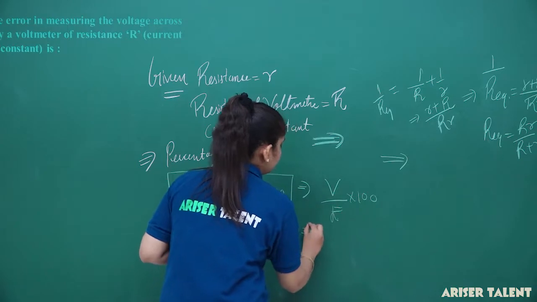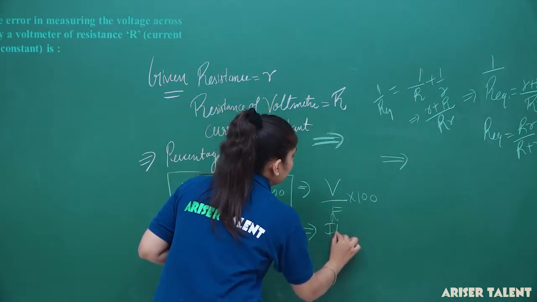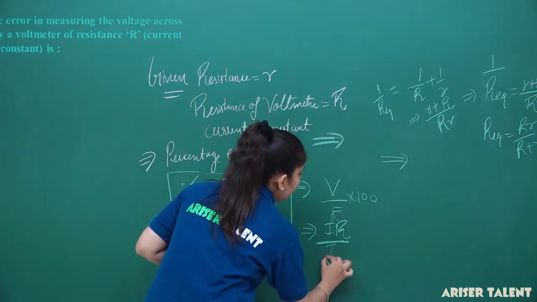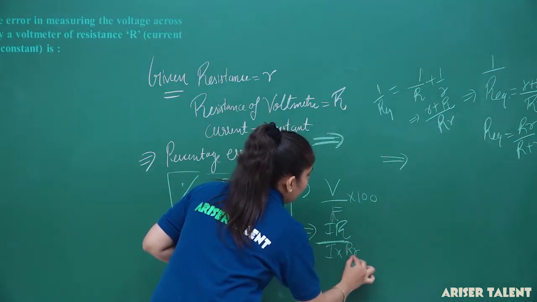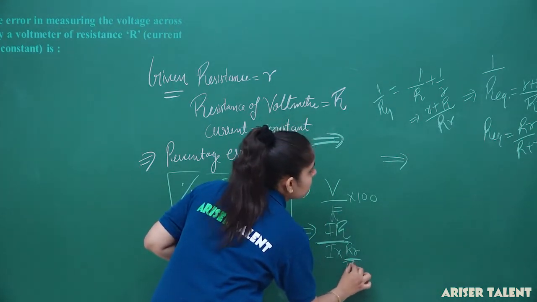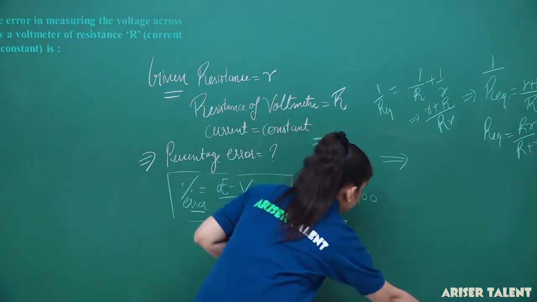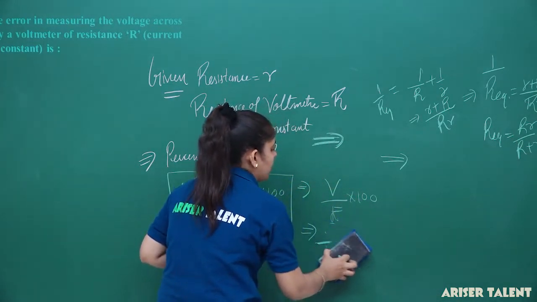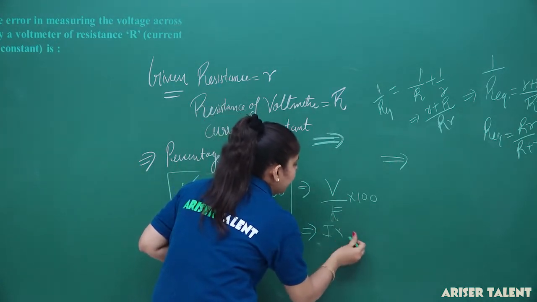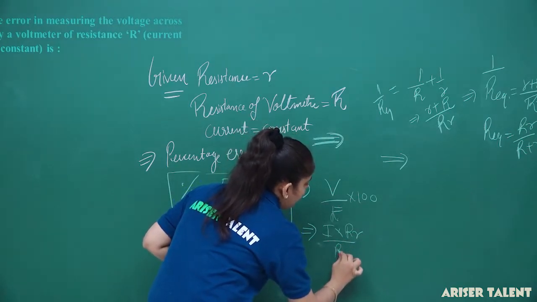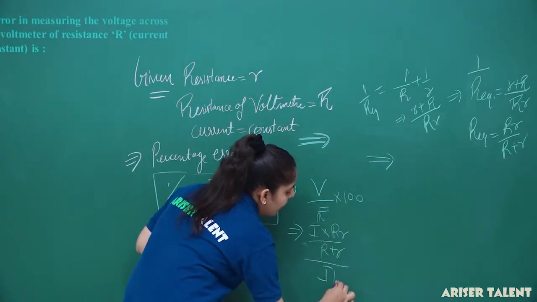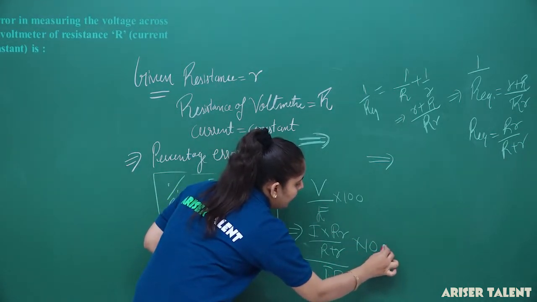So, V equal to IR, and this will be I into Rr upon R plus r, and for that value, that is of the E, I can write here Ir into 100.